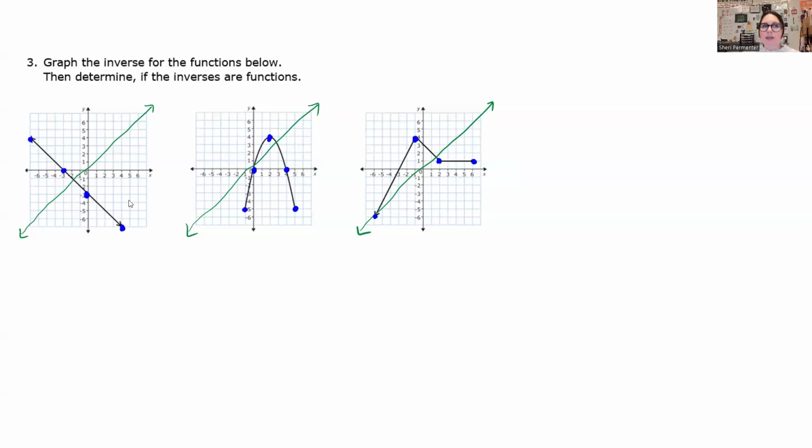I'm going to start, and this is the same exact thing that you're going to do on your homework. I'm going to start with jotting down the points from my function. So my first function, I've got -7, 4. And I'm just going to list these points.